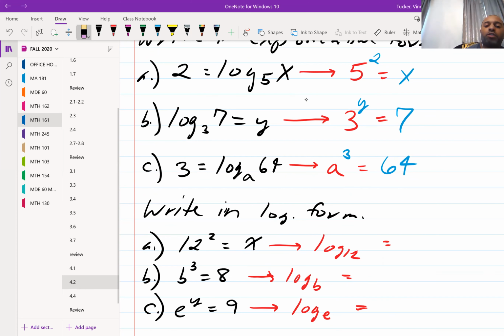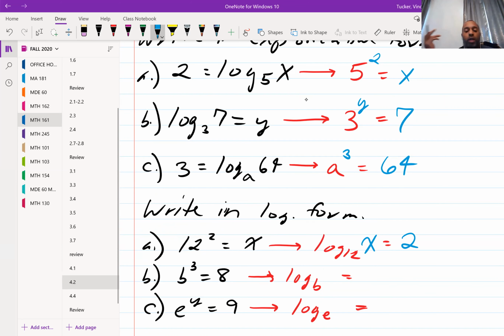So our base is 12 here, so it needs to be the base of my log. And the 2 is next to the base, next to the 12 in the first relationship. So that means x needs to be here next to the 12 when I deal with my log. And then 2 will be on the other side of the equation.